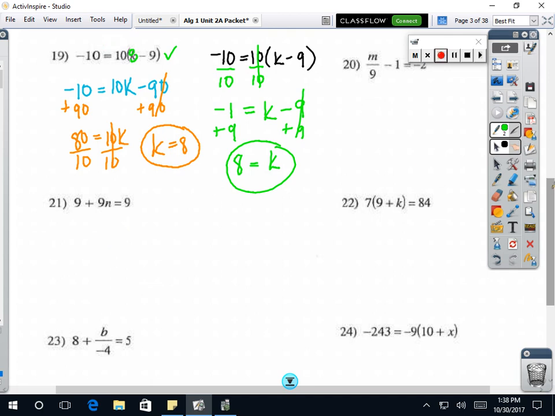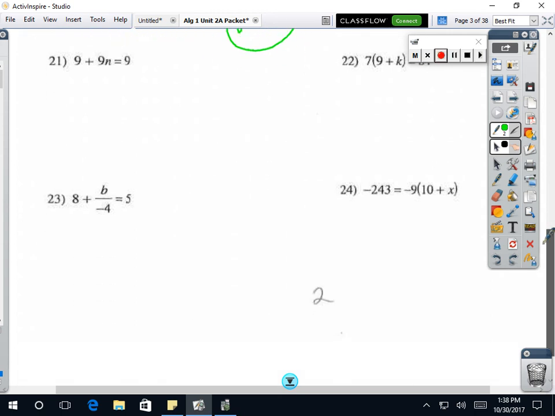All right, number 21. What do I do first? On the left side, 9 minus 9 is 0, but since there's something else there, I don't have to write the 0, okay, because there's something else to fill that side. On the right side, you also get a 0, and since that's the only thing over there, you need to write it because you can't just leave the side empty.